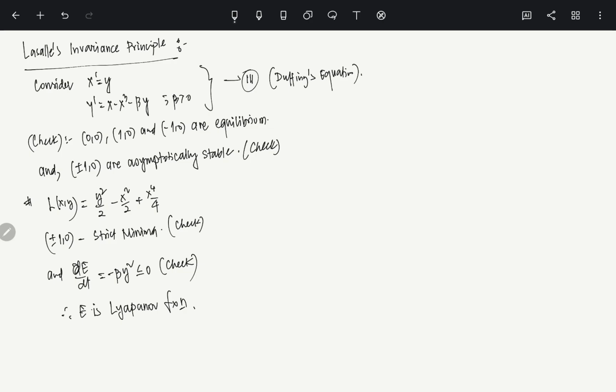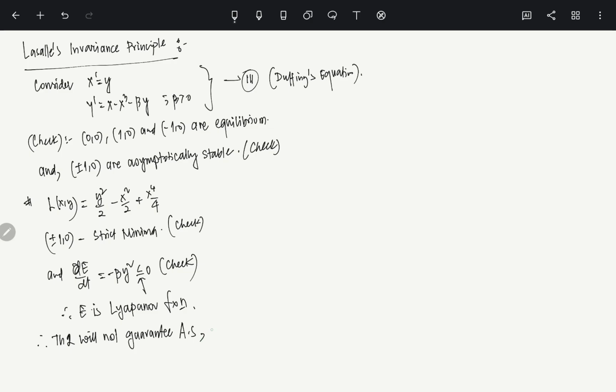So basically, if you want to use the Lyapunov theory, it can only give you stability. It will not tell you that it is asymptotically stable. You understand? For asymptotic stability, you need this one to be strictly negative. Is it okay? So therefore theorem 2 will not guarantee asymptotic stability.